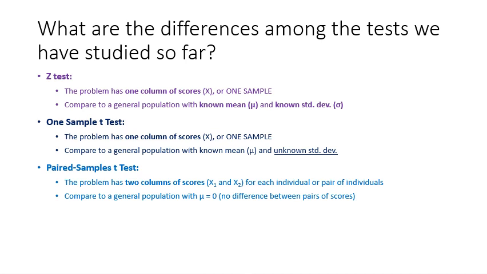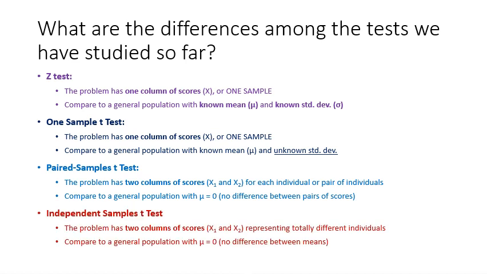And now we're beginning the independent samples t-test. And in this test, we're still going to have two columns of scores, X1 and X2, like we did in the paired samples t-test. But in this case, those two columns of scores will represent totally different individuals. There will be no systematic relationship between the first column of scores and the second column of scores, so totally different people.